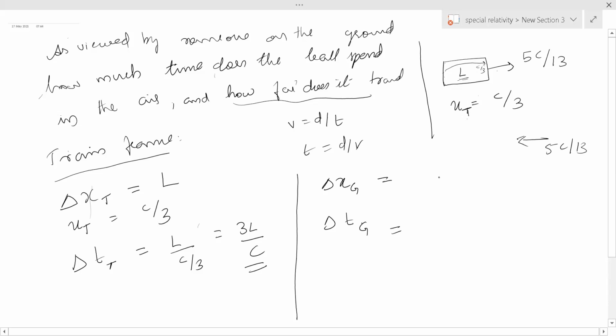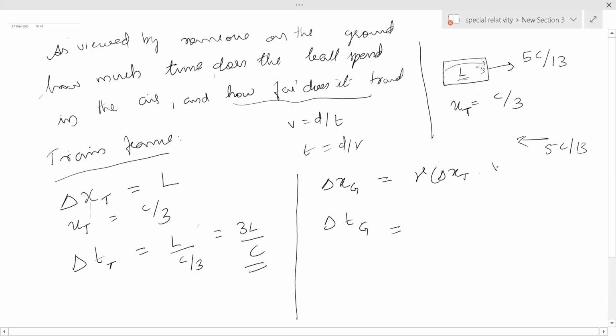So you can use the Lorentz transformation formula. This would be gamma, delta x train, plus v by c square delta t.